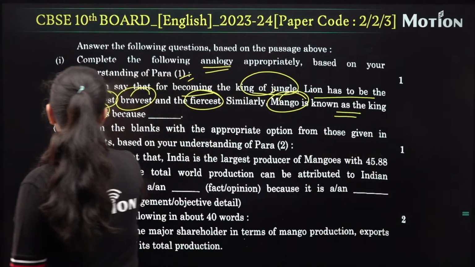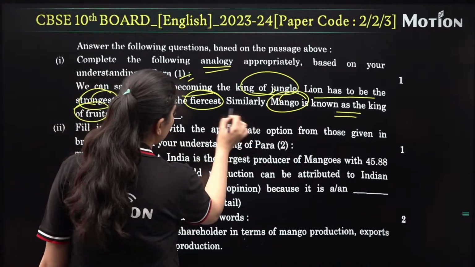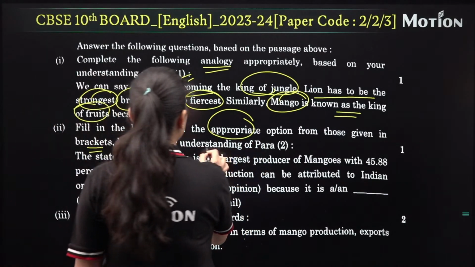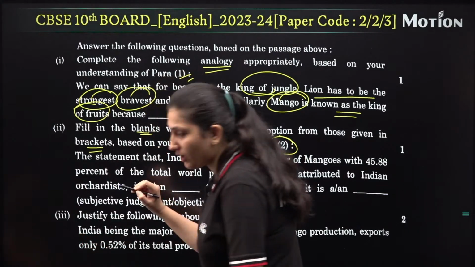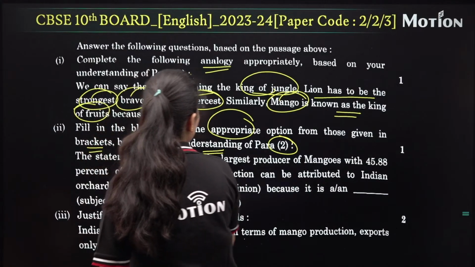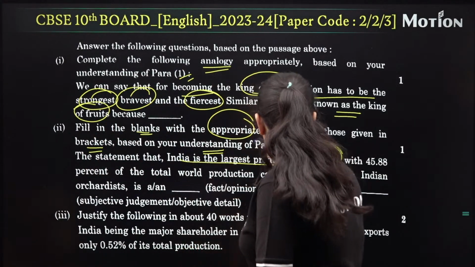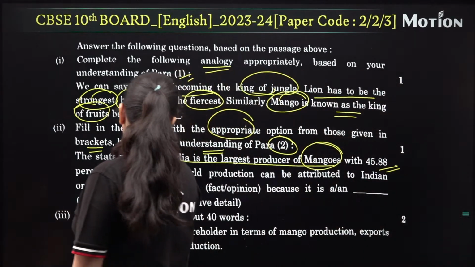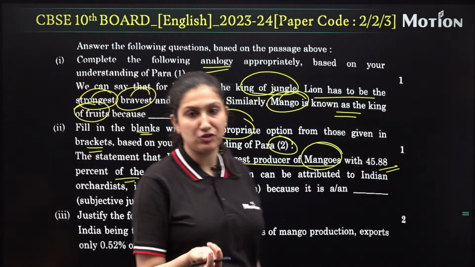Alright, next is fill in the blank. Fill in the blanks with the appropriate option from those given in brackets based on your understanding of para 2. Now let's see what you have ticked or what you have mentioned. The statement that India is the largest producer of mangoes with 45.88 percentile of the total world production. This we have already read in the passage.